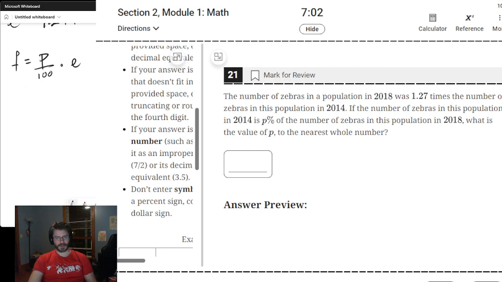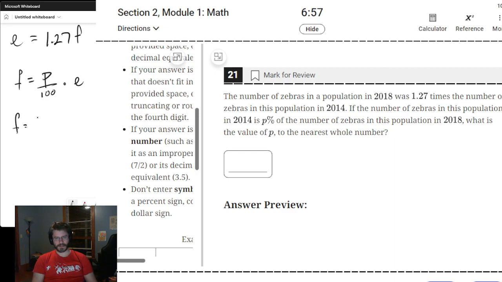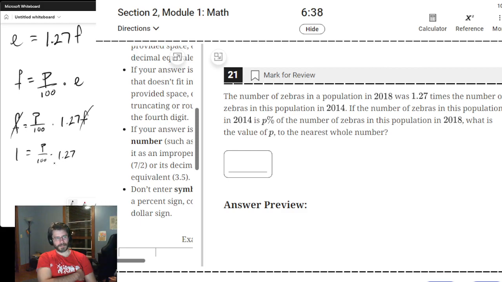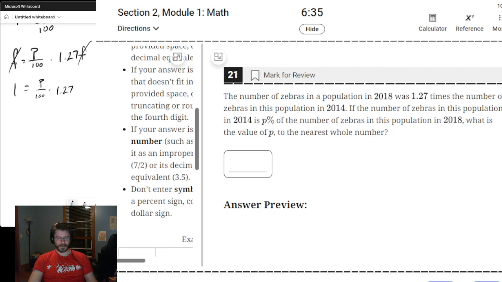So F equals P over 100 times 1.27 F. Because this is all multiplication, we can divide the F's off. And that's 1 equals P over 100 times 1.27. Multiply by 100, divide by 1.27, you get 100 divided by 1.27 equals P.